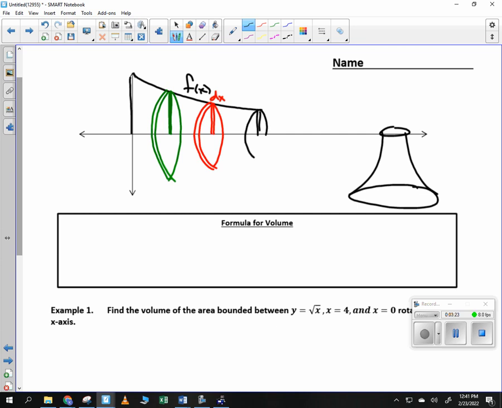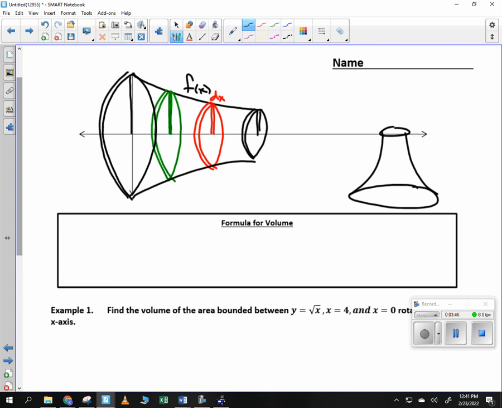Spin the front. Spin the back. Can you kind of see that shape developing?